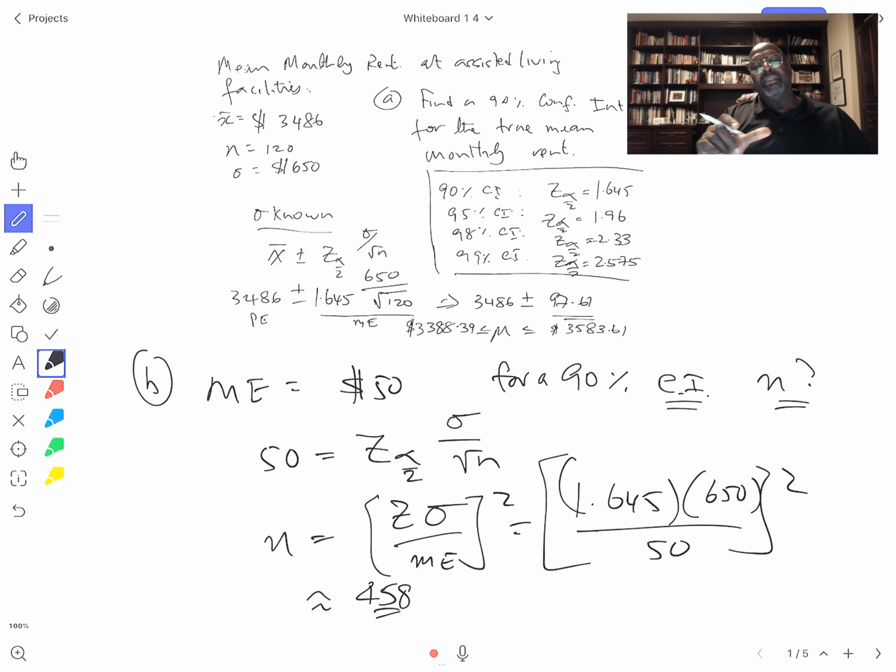So to get an estimate within $50 of the population mean, we need 458 facilities.